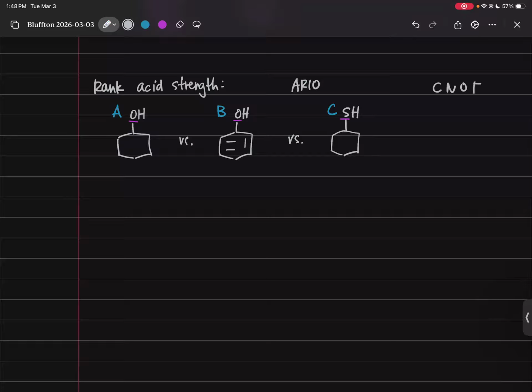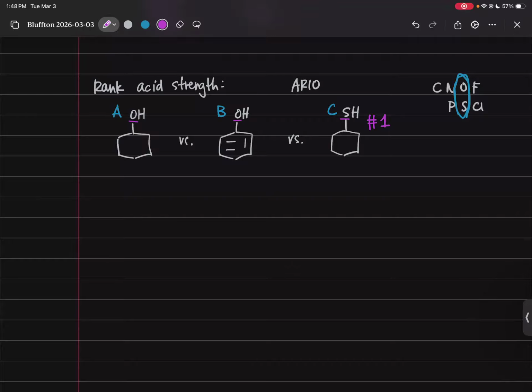Yeah, I know this is what you mean. It's okay. Okay, oxygen and sulfur are in the same group or column. And in that case, we want to look for the larger atom, which in this case is sulfur. So this is the most acidic of the three compounds.